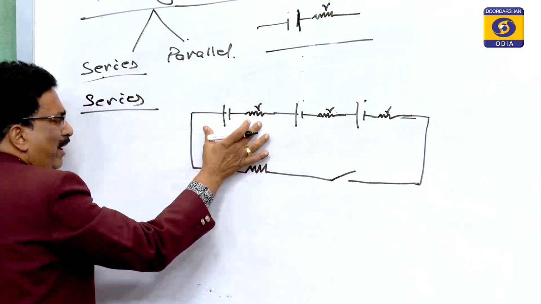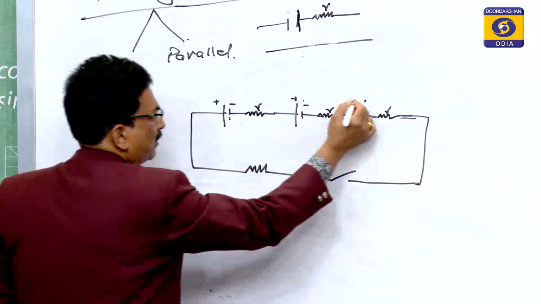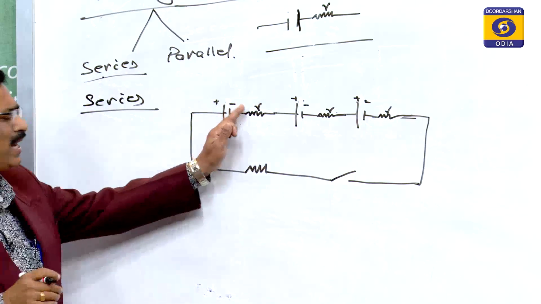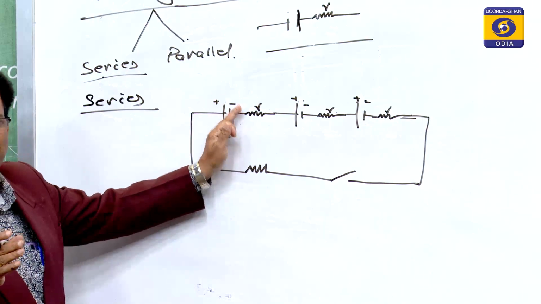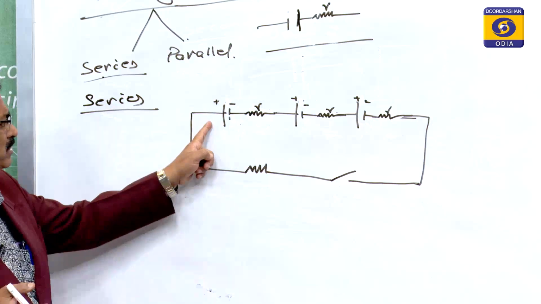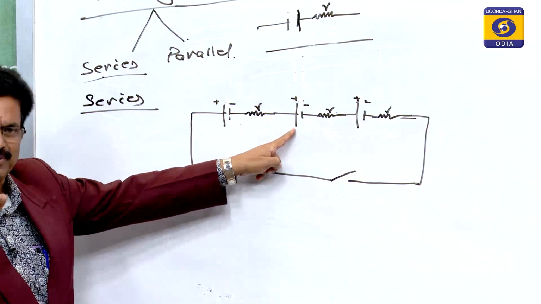this is one battery, it has a positive and a negative, this is the positive and the negative, this is the positive and the negative. Series means the one end of the first cell, whatever its nature, is connected with the opposite end of the second one. You see, the first one is negative, and it is connected with the positive of the second one.